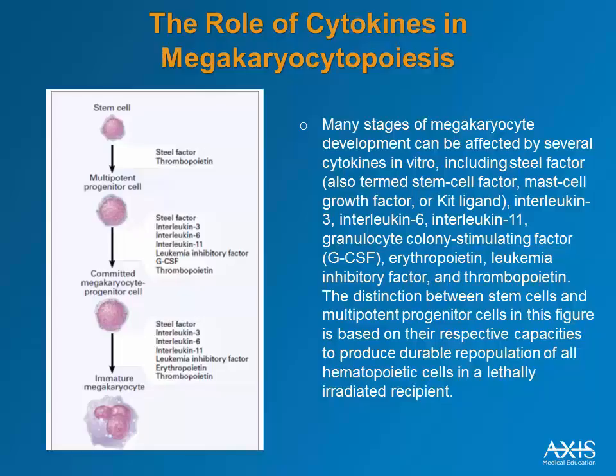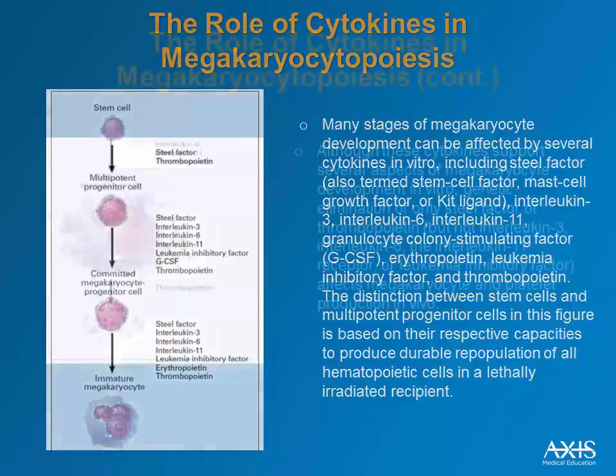But you can see in all of the different legends thrombopoietin, and it's thought that it is the most important. Furthermore, some of the other factors, or even possibly all of the other factors, are thought to have their influence by upregulating or downregulating, in this case upregulating, thrombopoietin.